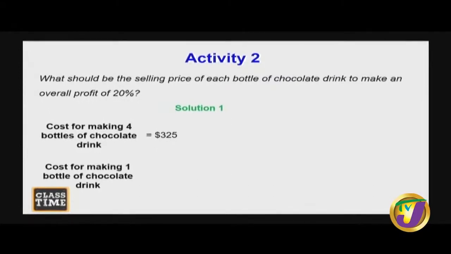So I want to figure out first, what's the cost for making 1 bottle of chocolate drink? So we could actually now divide by 4, and we find out that the cost for making 1 bottle of chocolate drink is actually $81.25. Not bad at all.